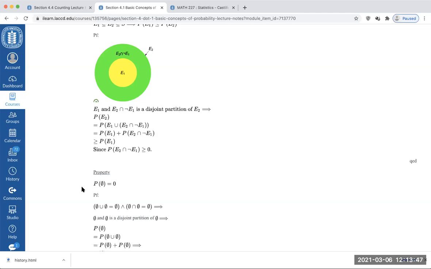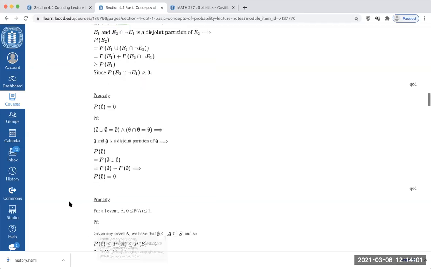Therefore, the empty set, along with the empty set, give me a disjoint partition of the empty set. And so, the probability of the empty set is equal to the probability of the empty set union the empty set, since the empty set is equal to the empty set union the empty set.